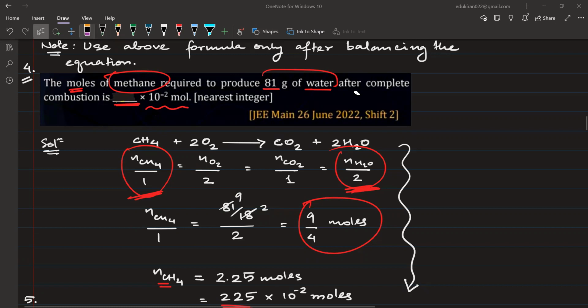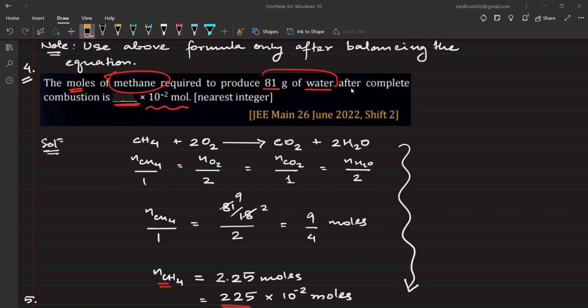Those who did not understand the equality, please see. Number of moles of CH4 divided by the stoichiometric coefficient, which for methane is 1, will be equal to the number of moles of O2 divided by the stoichiometric coefficient, and this will be equal to the number of moles of CO2 divided by its stoichiometric coefficient. And this will also be equal to the number of moles of H2O divided by its stoichiometric coefficient.